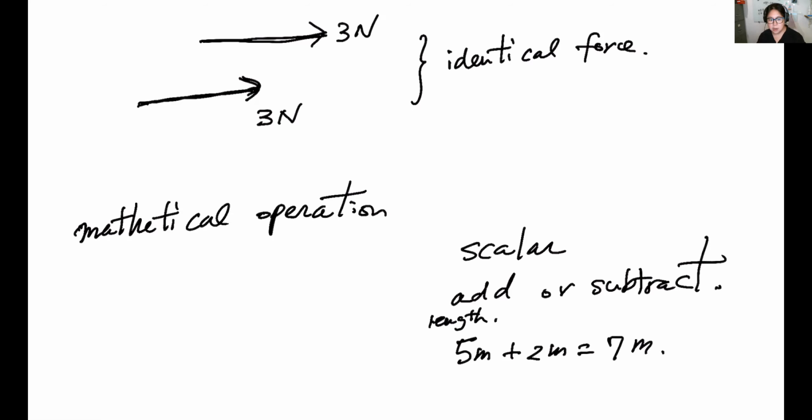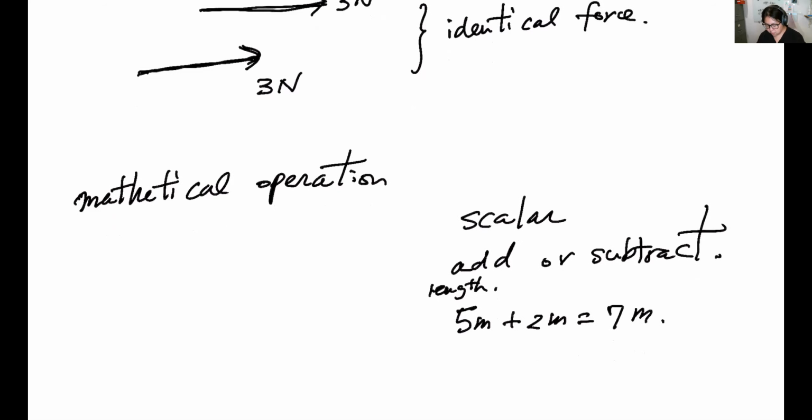But let's say you tell a person to go 5 meter from here, and then you want that person to turn right and go 2 meter east. The answer is not 7 meters.